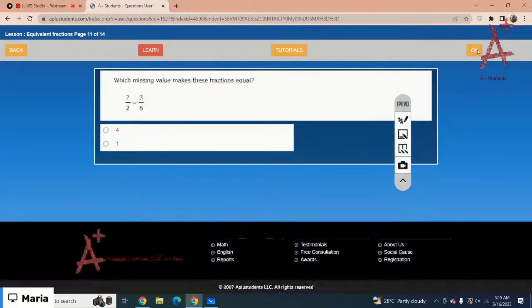Which missing value makes this fraction equal? So which is the correct option? It would be 1 over 2.